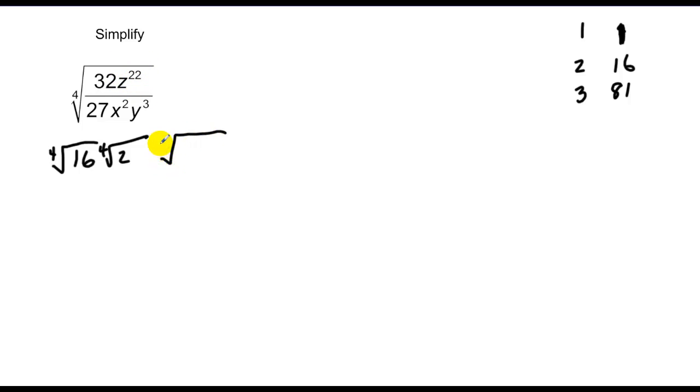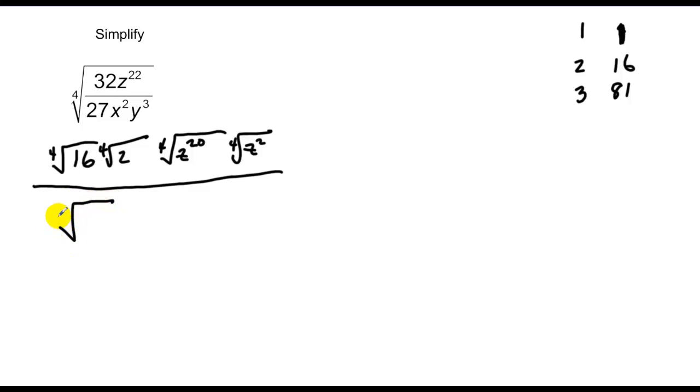That's going to be a z to the 20th and the fourth root of z squared over, I'm going to split all these up just like I did in my last example. Fourth root of 27, fourth root of x squared and fourth root of y cubed.